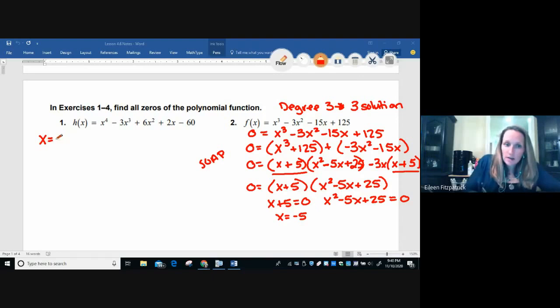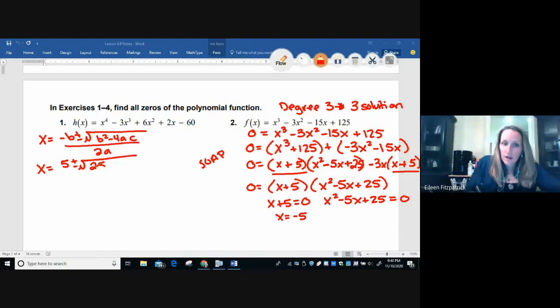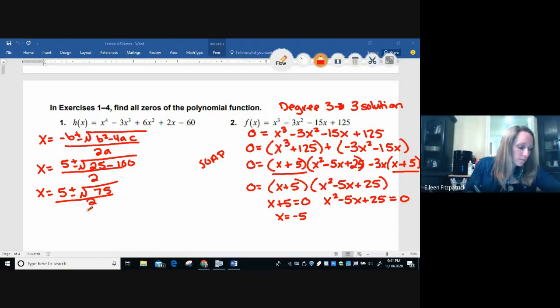So x is equal to -b plus or minus the square root of b squared minus 4ac, all over 2a. So I have x is equal to, you plug in -5 for the b, so it's 5 plus or minus square root, 5 squared is 25, minus 4 times 1 times 25 is going to give you 100, all over 2 times 1, which is 2. So you have x is equal to 5 plus or minus the square root of 75 all over 2.